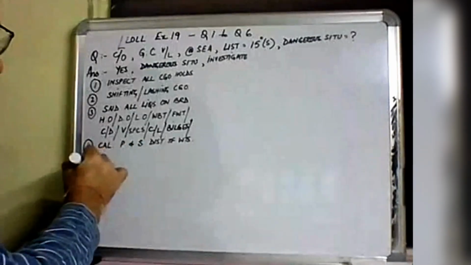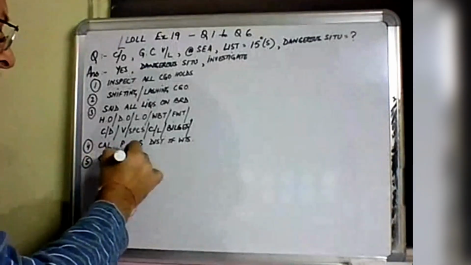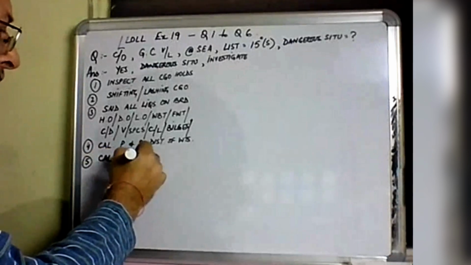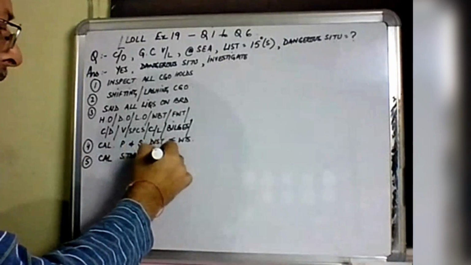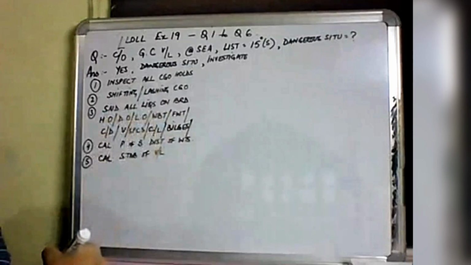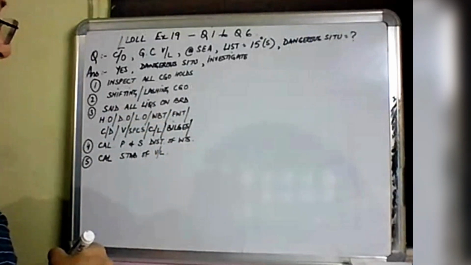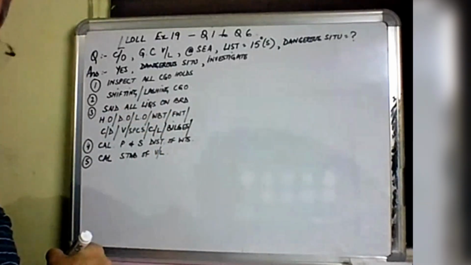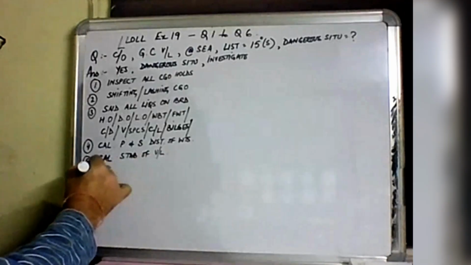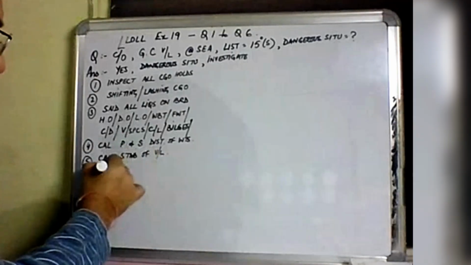Having done this, you will now calculate the stability of the ship. Having calculated the stability of the ship, you will now find that the GM is negative.